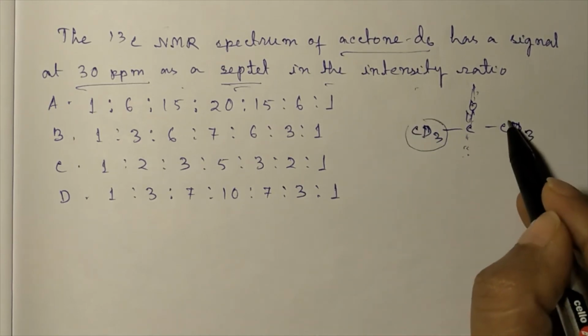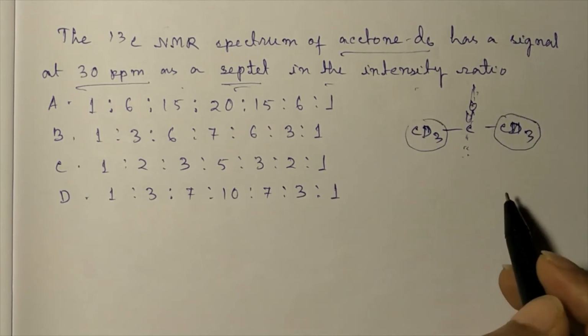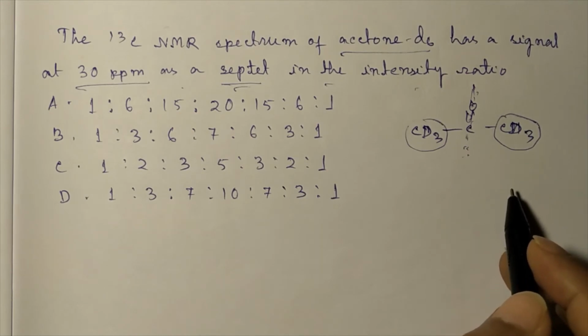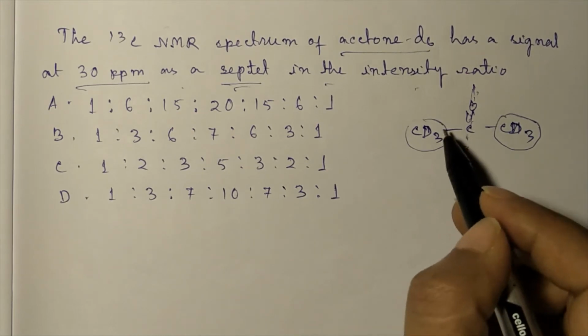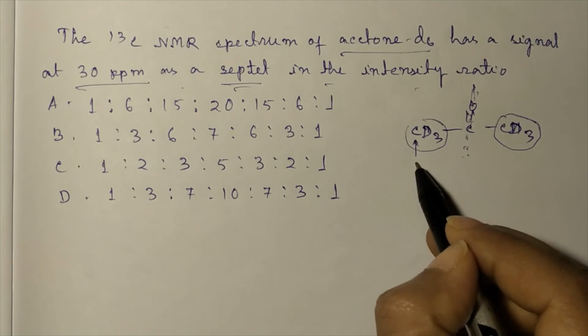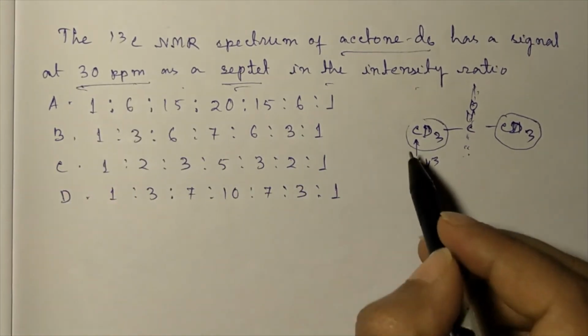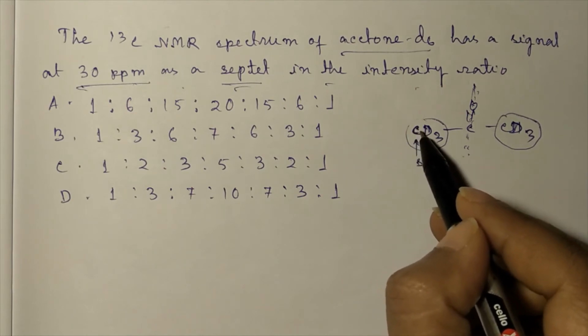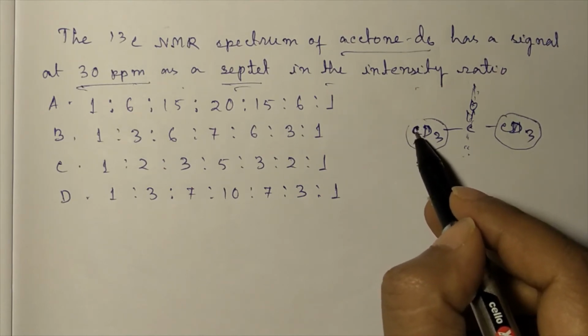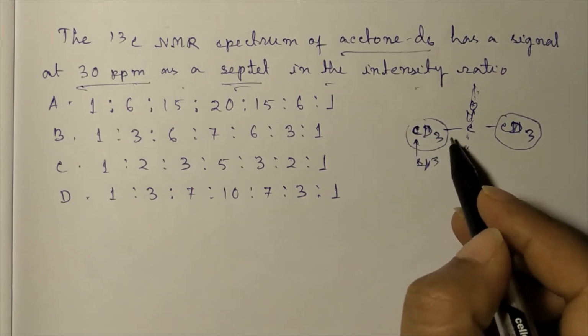So these 2 CD3 groups will appear as a single signal. This carbon is sp3 hybridized, so this will appear at 30 ppm. Now this carbon signal will be split by these 3 deuterium.